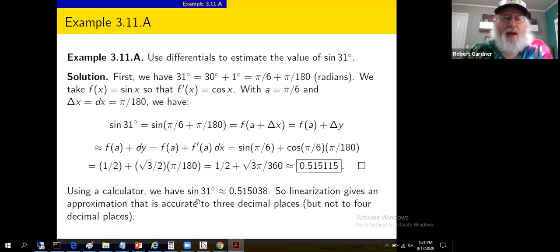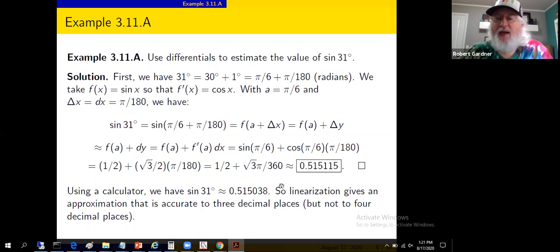If I ask my calculator to give me the sine of 31 degrees, it gives this out. So we got pretty close. This is 0.5150. This is 0.5151. So to 3 decimal places, this is accurate. And this is a fairly crude way to approximate functions, as you'll see in calculus too, when you have more sophisticated ways to approximate.